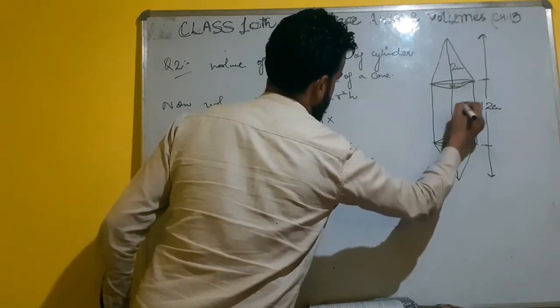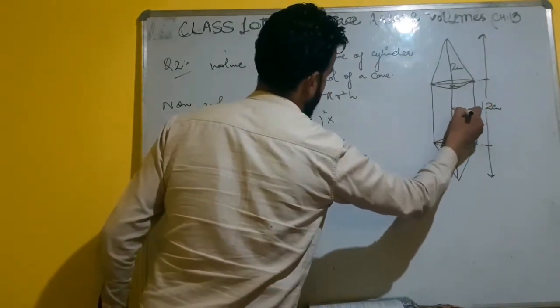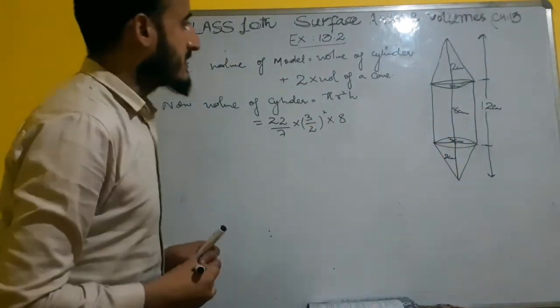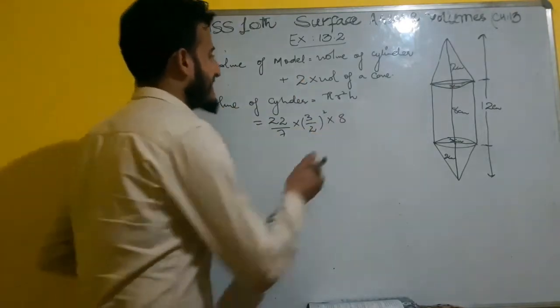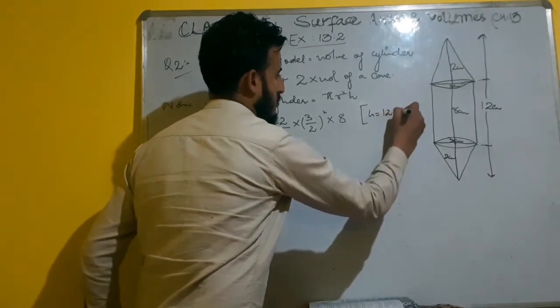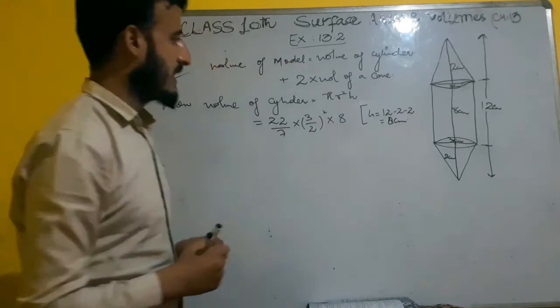This is 12 minus 4, which is 8 centimeter. Hope you understand. So h is equal to 12 minus 4, that is 8 centimeters, the height of the cylinder.